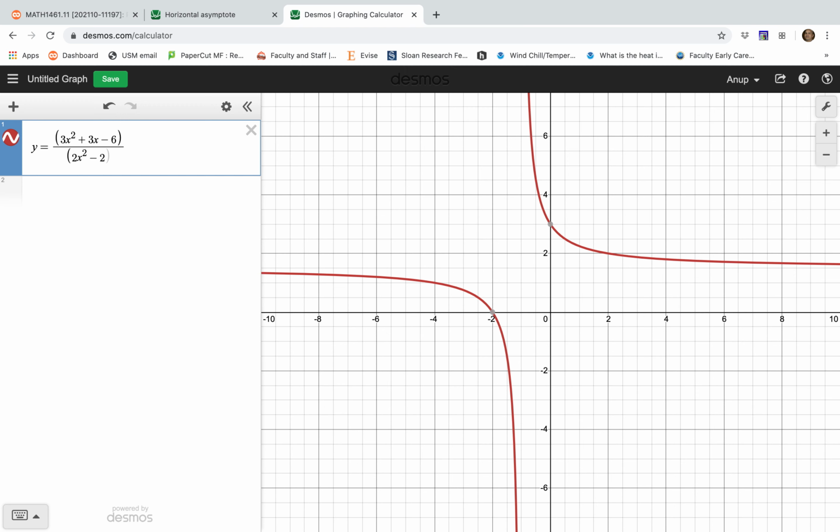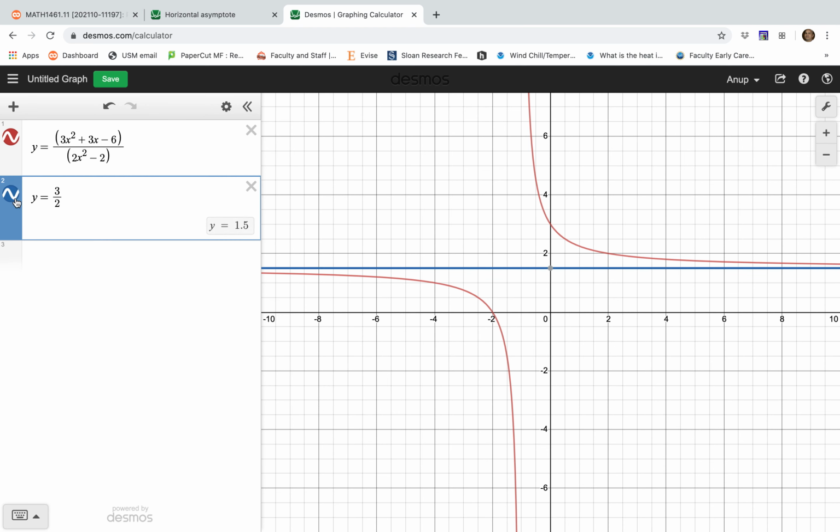To find the horizontal asymptote, we just need to look at the degrees, and if they are the same, like this second degree polynomial and this second degree polynomial, we just take the ratio of the leading coefficients, which in this case is 3 over 2. So y equal to 3 over 2, I want to draw this line as a dashed line, so you can clearly see that the dashed line is the horizontal asymptote.